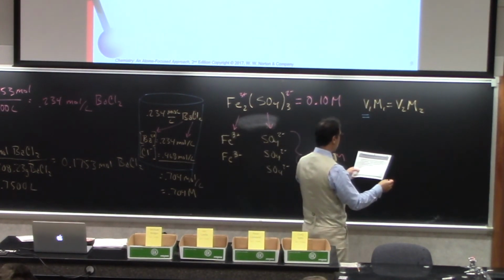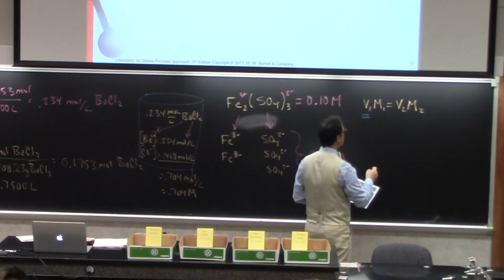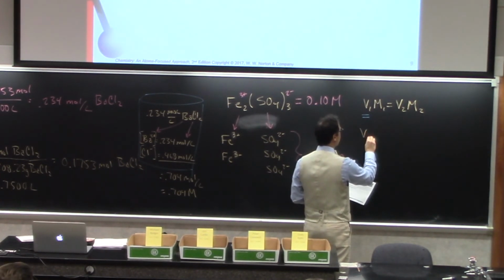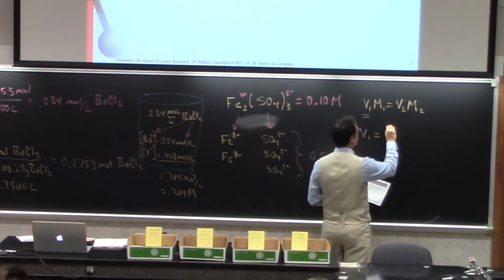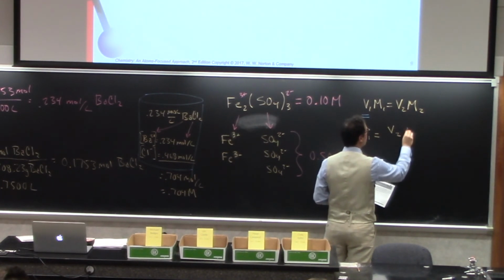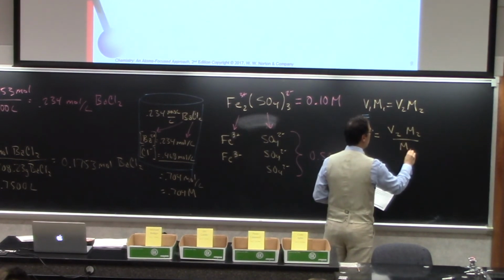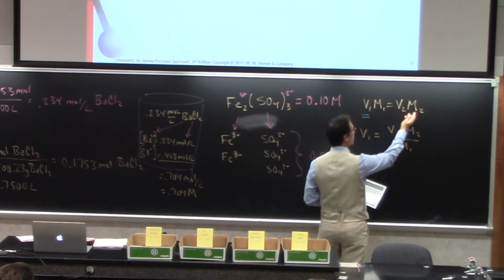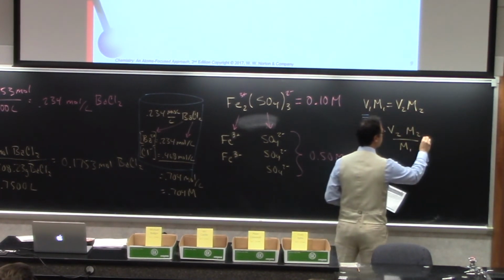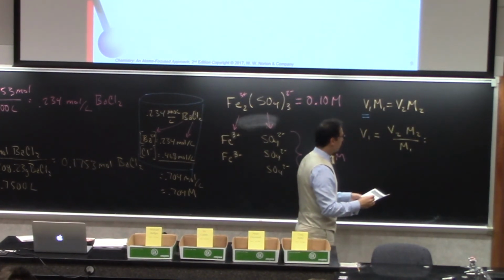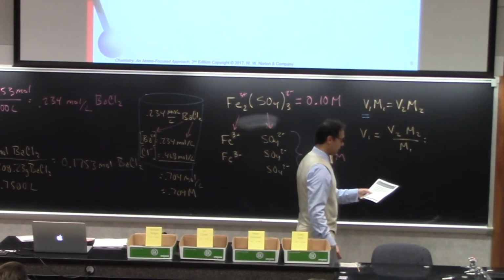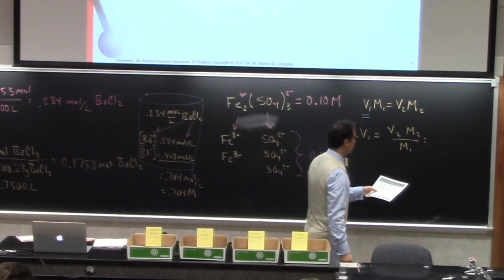So I'm going to rearrange this equation and solve for V1. That's equal to V2 times M2 divided by M1. This right here is when it's diluted. My volume, when I'm done, is 500 milliliters.